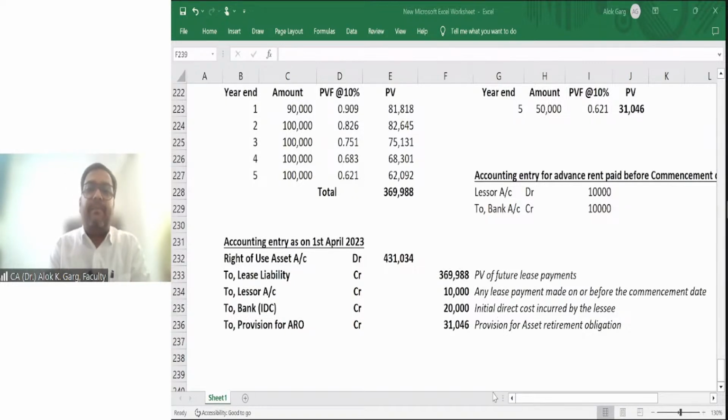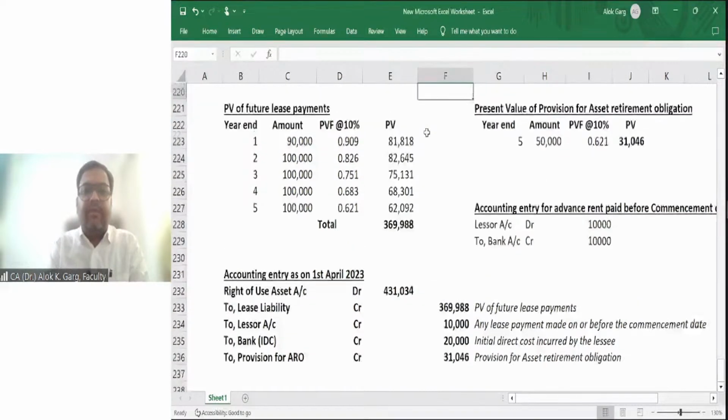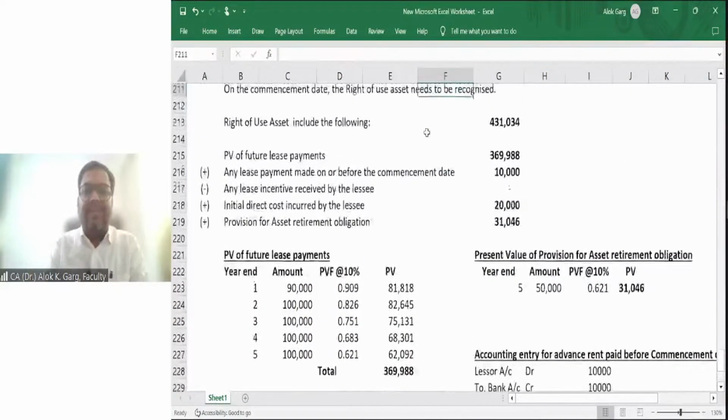Let me put this example here only. I have already explained this entire example to you guys. Now I am also giving you the example of lease incentive.